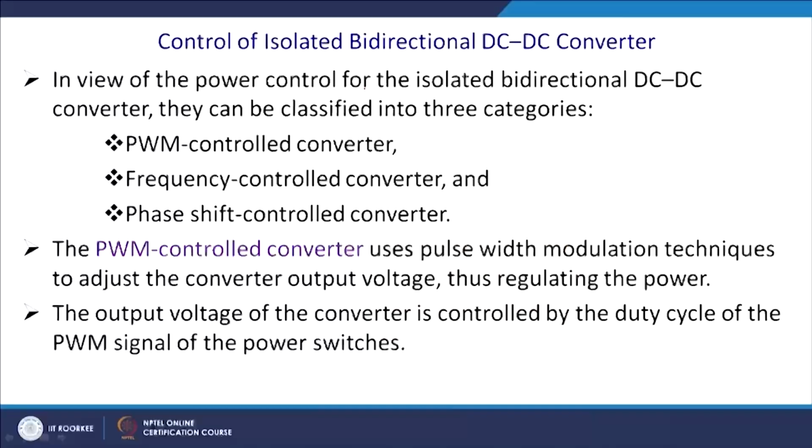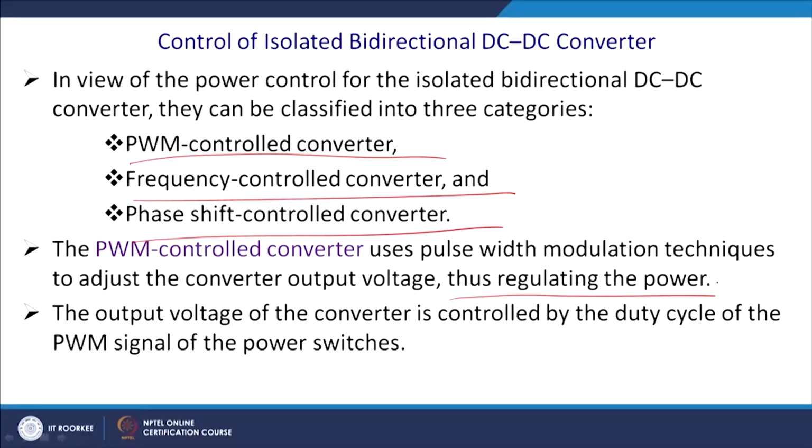Now come to the control of the isolated bidirectional DC to DC converter. In view of power control, they can be classified as PWM control converters, frequency control converters, and phase shift control converters. The PWM control converter uses a pulse width modulation technique to adjust the converter output voltage, thus regulating the power.